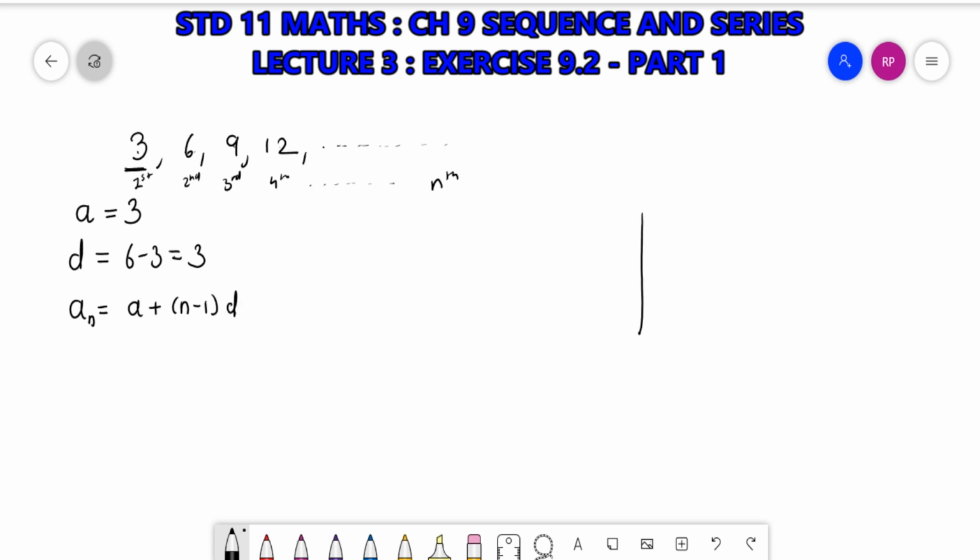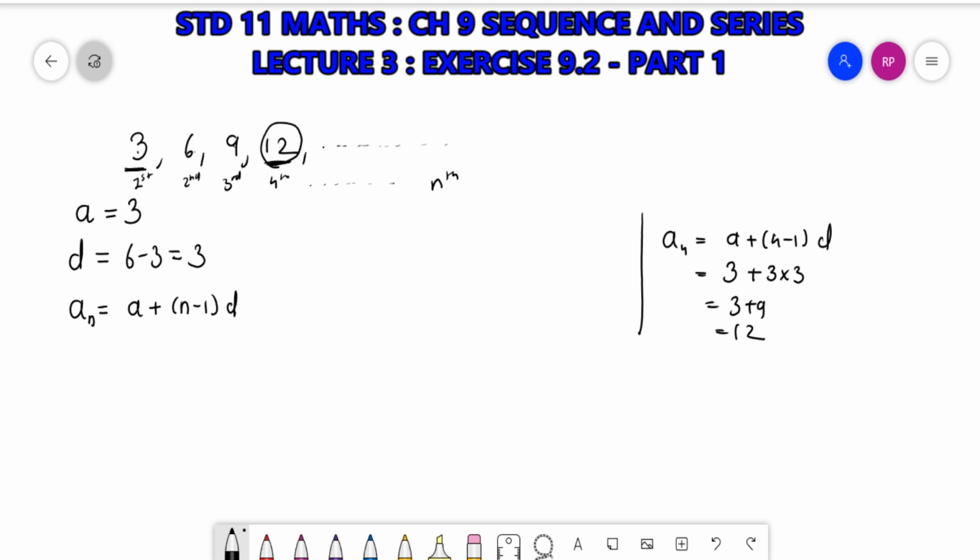Let's take this fourth term, 12. If I want to find a4, then it will be equal to a plus 4 minus 1 d. A, that is the first term, is 3, 4 minus 1 is 3, and the difference is 3. So 3 plus 9 is equal to 12. This is the formula for the nth term.